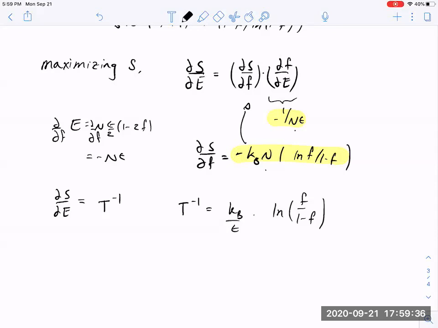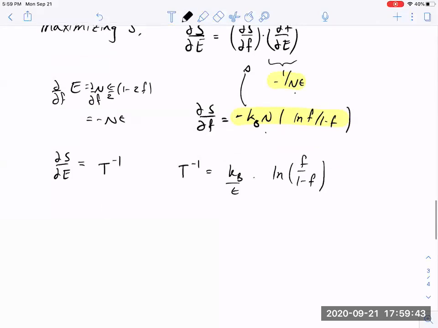That is not so easy to look at. We can rearrange it. So if we bring epsilon and kB over to the other side, we have epsilon over kBT. We take an exponential of that, so that gives us f over 1 minus f. We can solve for f.